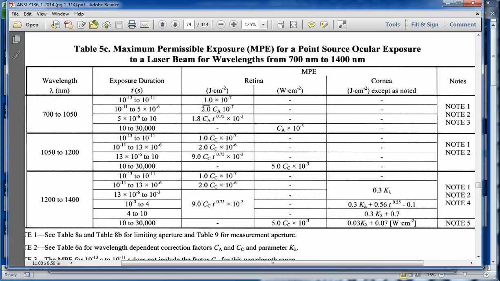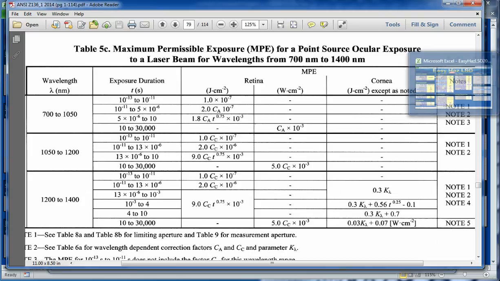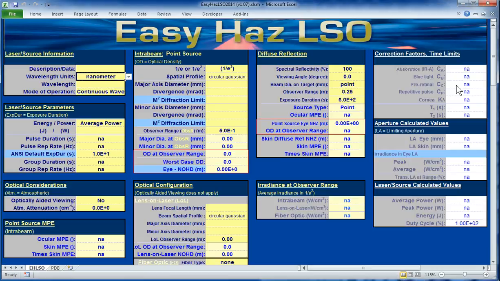That would be the MPE for a 25 femtosecond pulse. Okay. Still haven't really explained how we get from peak irradiance to multiplying the MPE by this ratio. So let's take a look at the software, and we'll get started on that.